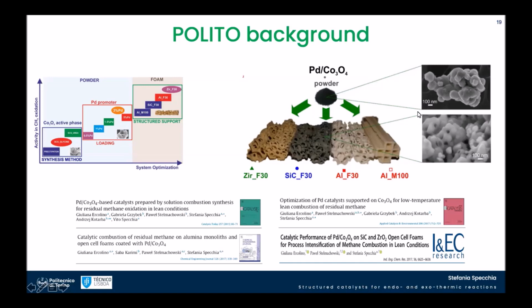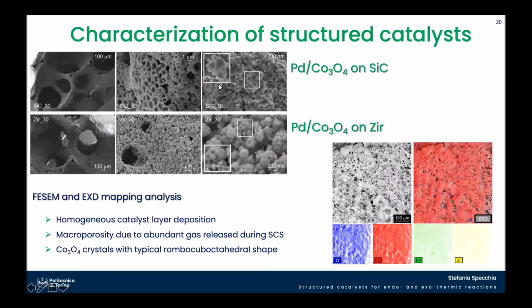Here you can see the typical configuration of this palladium over cobalt, where you can recognize the typical octahedral structure of the cobalt spinel that we can also have replicated over the foams. So here you can see the characterization of the structured catalyst.